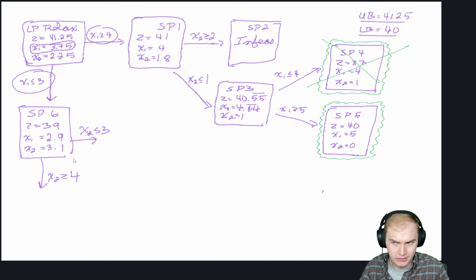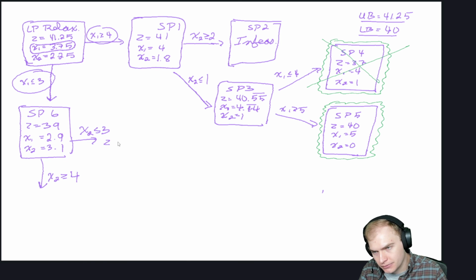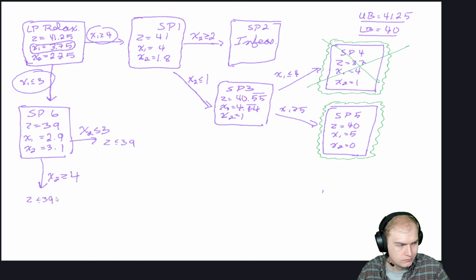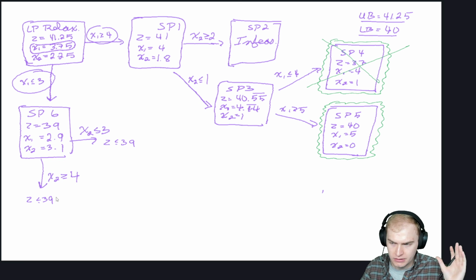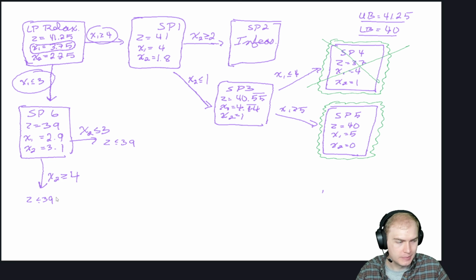They will only ever have 39 or less. So z less than or equal to 39, forever, no matter how many branches we end up doing down that path. It will always result in an objective function at most 39.